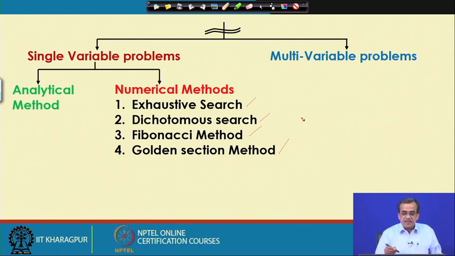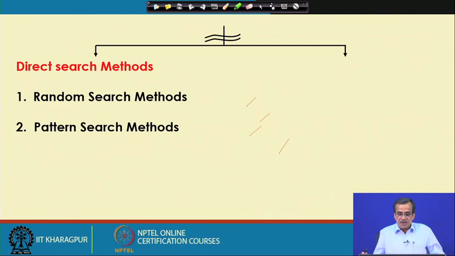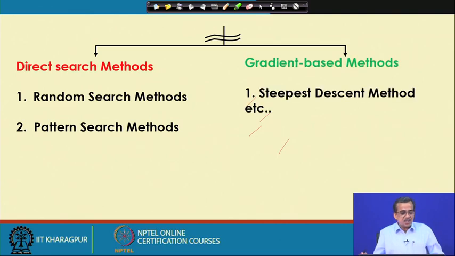Similarly, the multivariable problems can be further classified into 2 subgroups. One is called the direct search method, another is called the gradient based method.